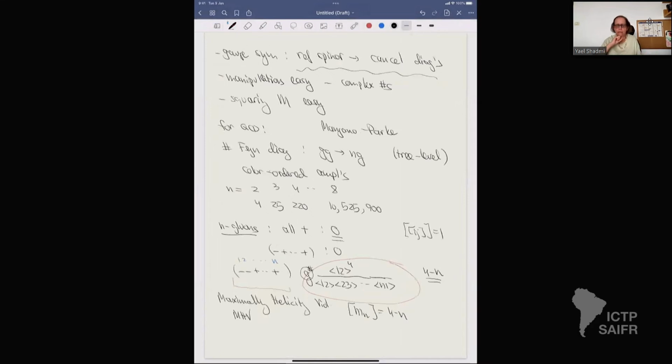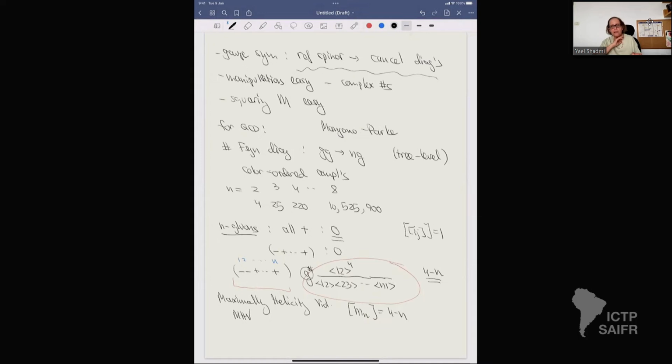So the n that you're using after, it's the total number of gluons, so it would be n plus 2 in the notation that you're using on the upper half of the page. Am I correct? Yeah, the total number of gluons here is n. There are 2 minuses and n minus 2 pluses.